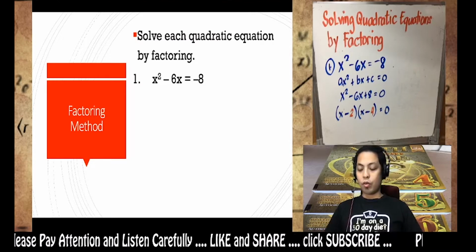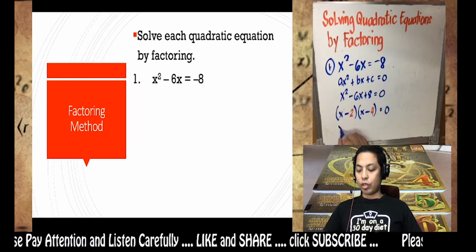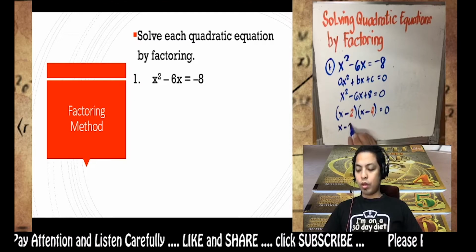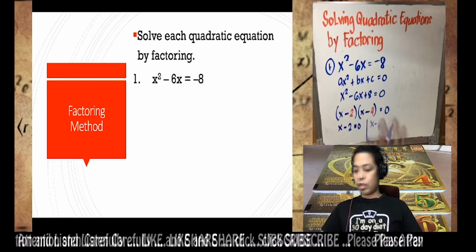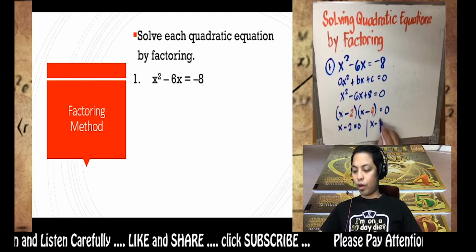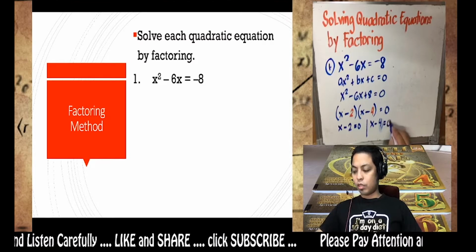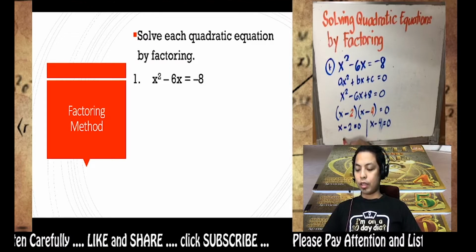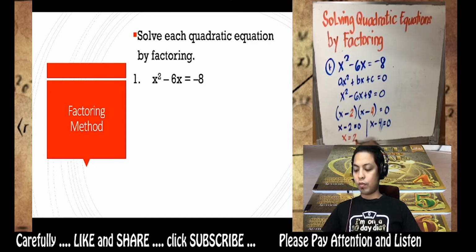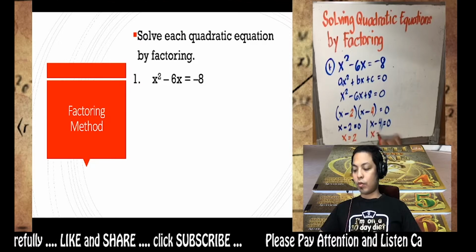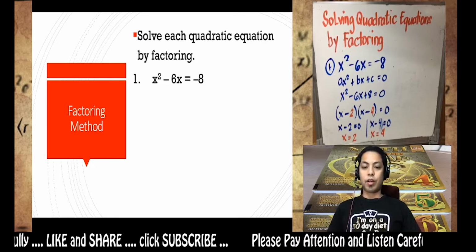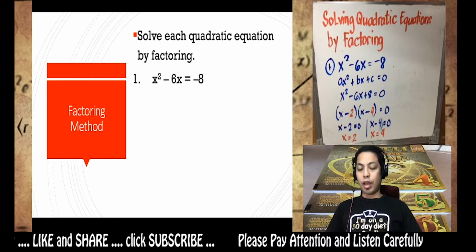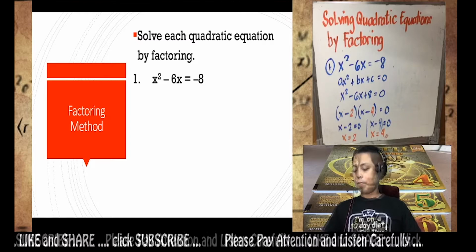So, pwede tayong magdalawang equation. So, x minus 2 is equal to 0. X minus 4 equals 0. So therefore, our answer, pag nilipat lang natin yan, x is equal to positive 2 and x is equal to positive 4. So that would be the answer for number 1.